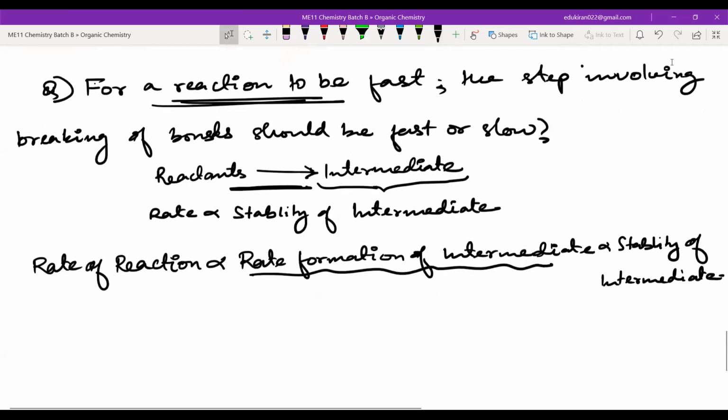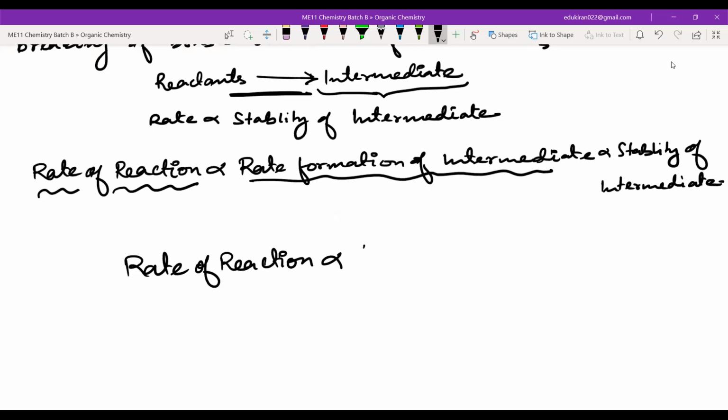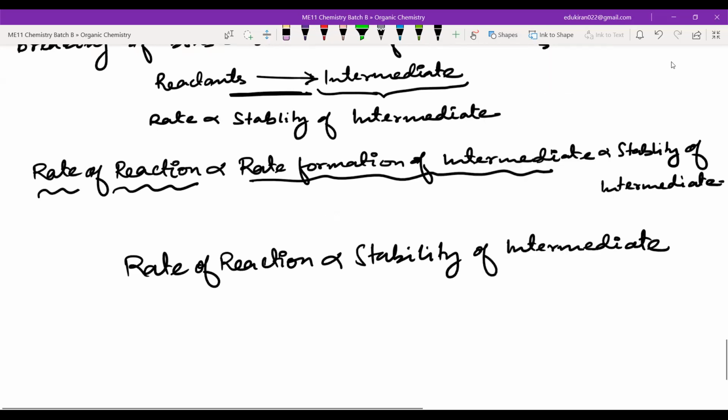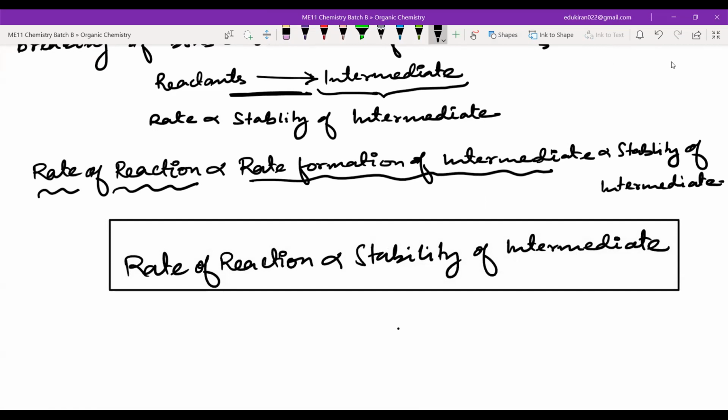With the structure, we will see the stability of the intermediate, and then we can predict the rate of a reaction. So we will directly use this simplified notion: rate of reaction is directly proportional to the stability of intermediate. Write this down.